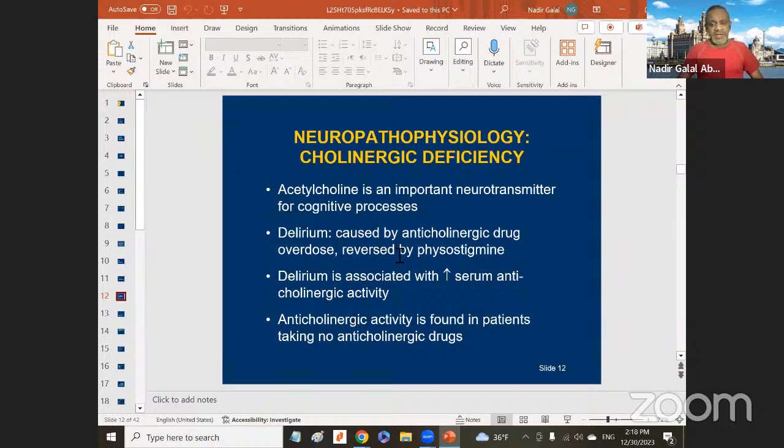So it's caused by anticholinergic drug overdose or using it with other medication, and this is reversed by physostigmine. So any medication that has anticholinergic activity, you think about maybe it's contributing to the condition.